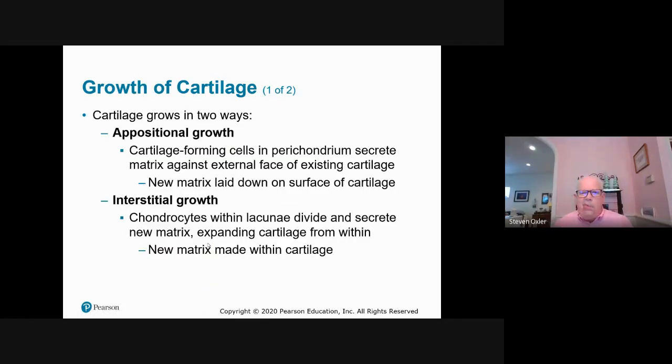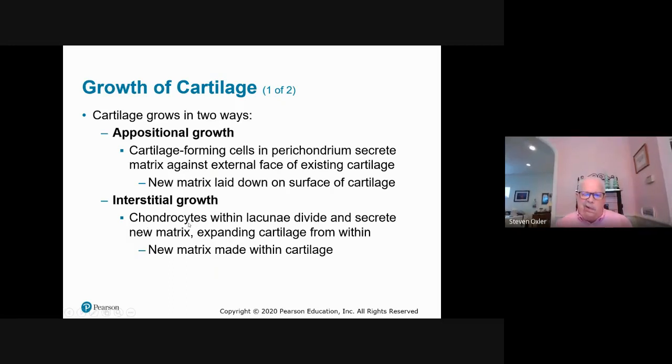Now, how does cartilage grow? Well, it grows in two ways. It grows by appositional growth, where it grows from the outside. That means that cartilage-forming cells in the perichondrium, which covers the outside of all cartilage, secrete a matrix that is laid down on the surface of the cartilage. It also grows interstitially, and interstitially it is maintained by chondrocytes.